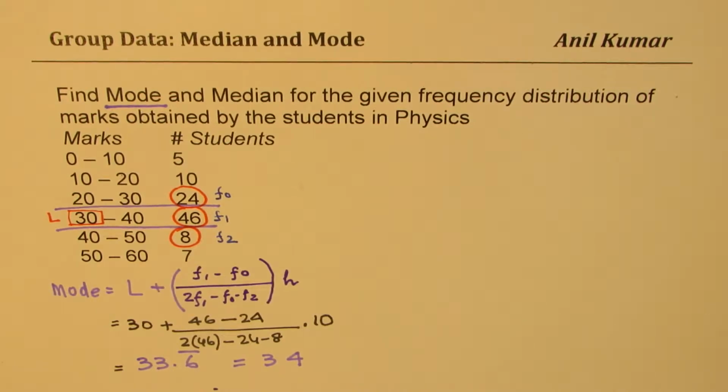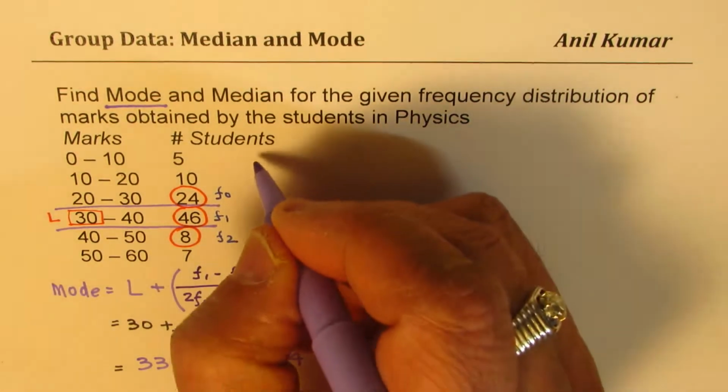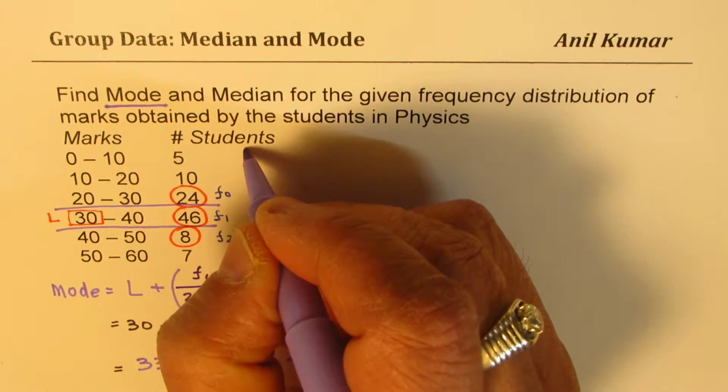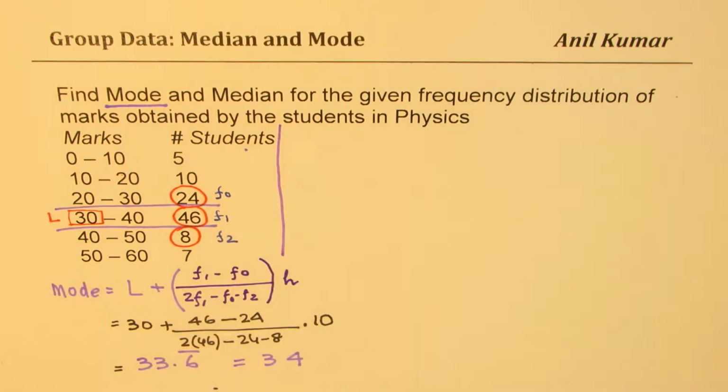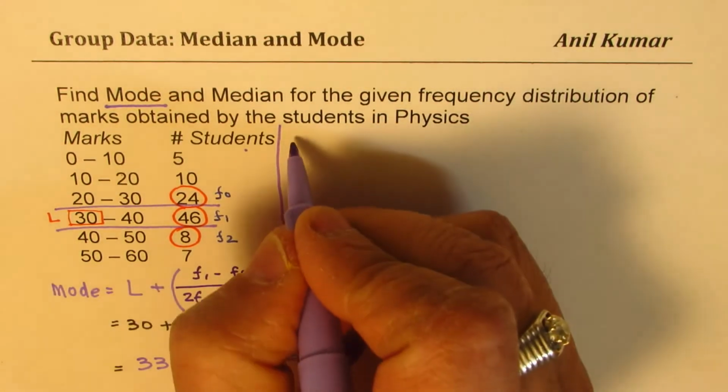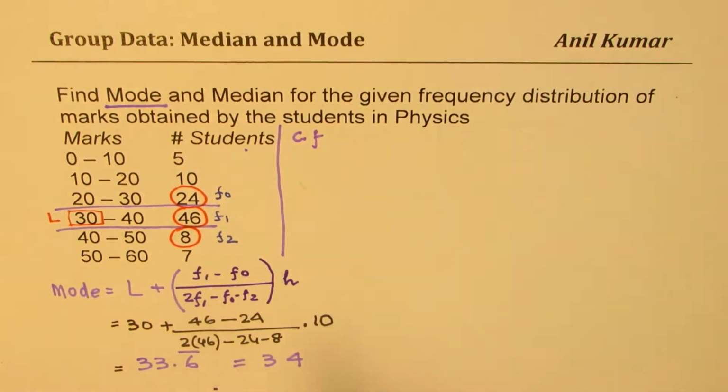Correct? Now let's look into the median for the given data. For median, we have to construct another table. So we'll add to this table another column, which is the cumulative frequency column. Let's add the values.